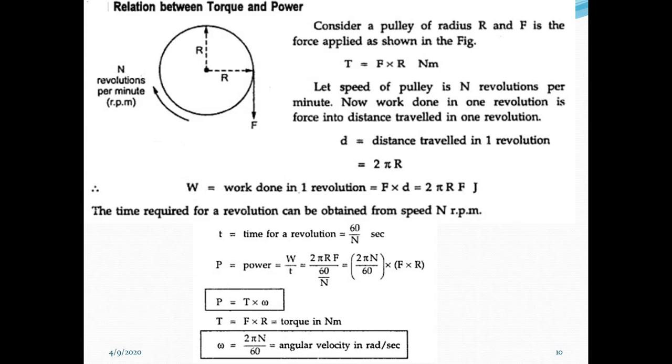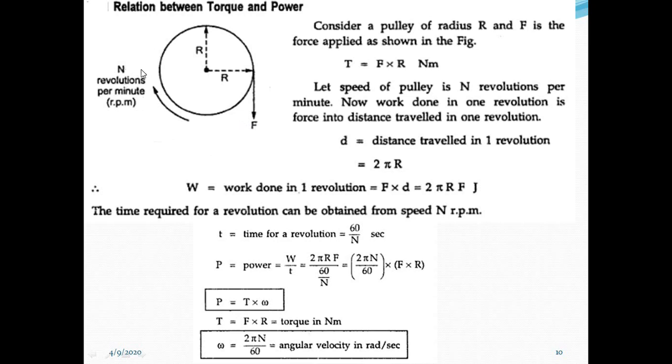Next is the relation between torque and mechanical power. So for this, here I am considering a pulley whose radius is capital R. Now the force is applied to the pulley, and due to this force, this pulley is rotating with n revolutions per minute. That means in 1 minute, pulley is taking n revolutions.